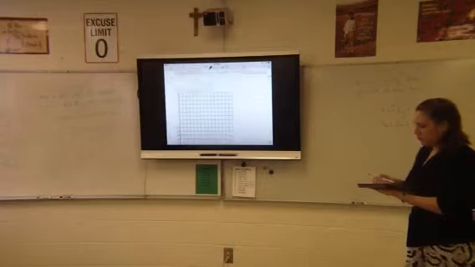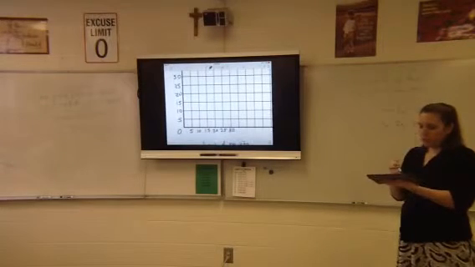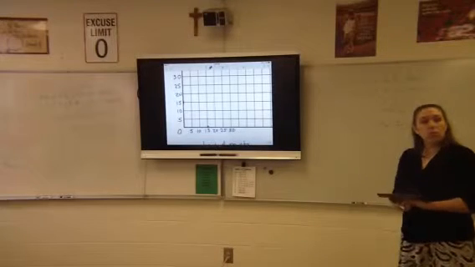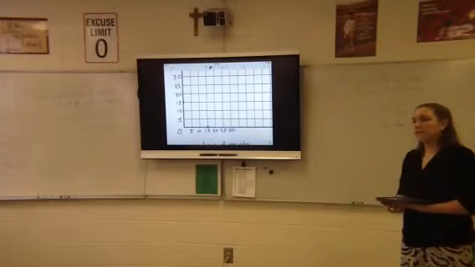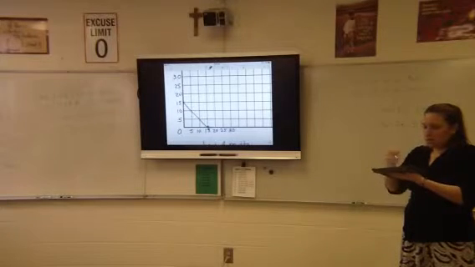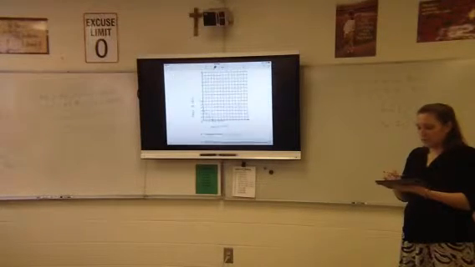Okay, so I'm graphing the first one. My intercepts on the first one are at 15. So I've got 15 on both the X and the Y. Is that going to be solid or dotted? Solid line. Okay. And then where should we shade on this guy? Up.